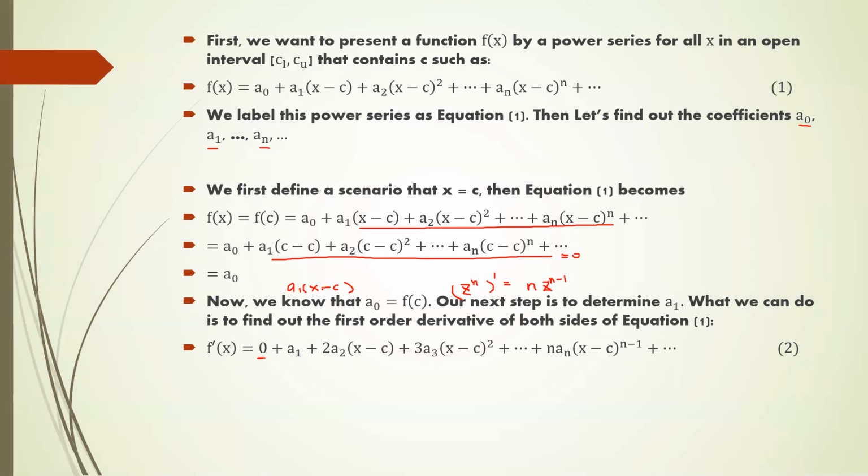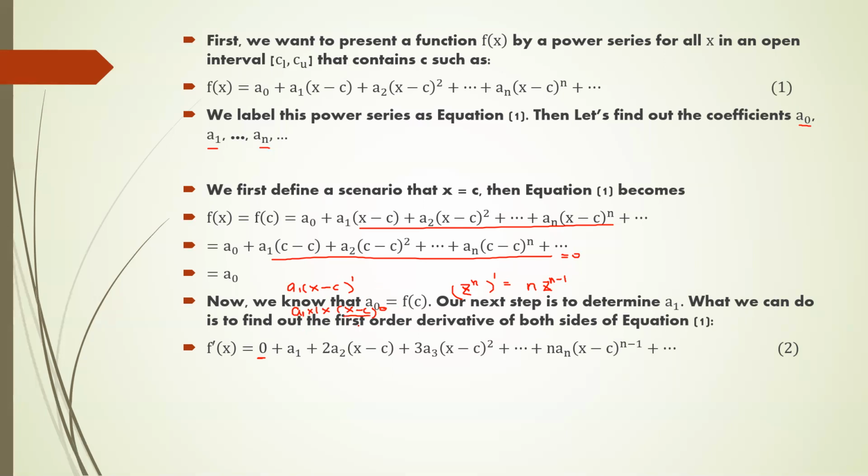So here, when we take the first order derivative, the power is just 1, right? So the first order derivative will be a1 times 1 times x minus c to the power of 0. Any number or term with the power equal to 0 is just equal to 1.